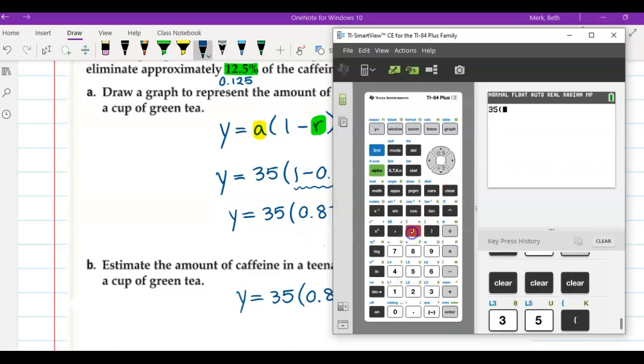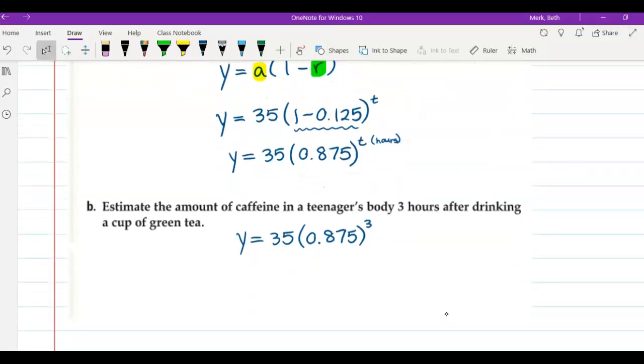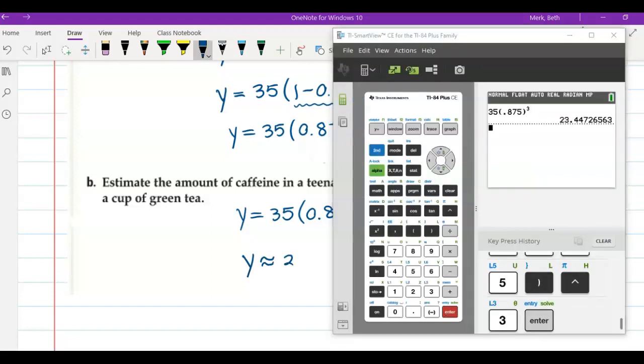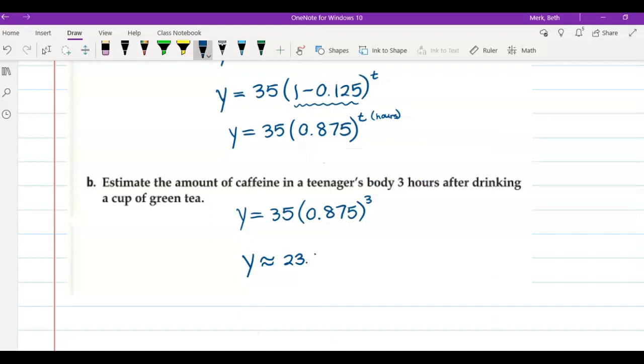So 35 parentheses 0.875 to the third tells me that after 3 hours, there will be approximately 23.44 milligrams of caffeine left. And I didn't put in equals because I rounded, so I changed it to a squiggly equals.